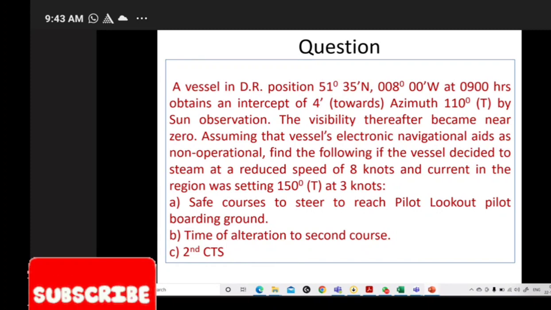Look at the question and tell me where we would be transferring the PL. You will transfer the PL through the destination point, the pilot boarding ground, right, beta? Open question number 4 in assignment 3, go through it and tell me.